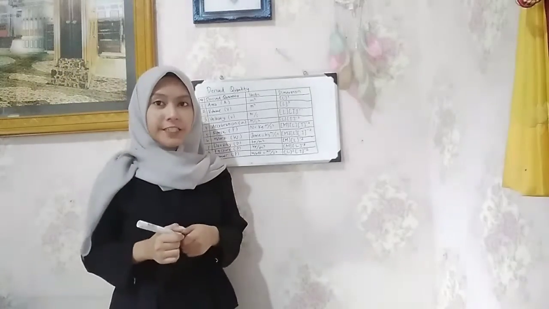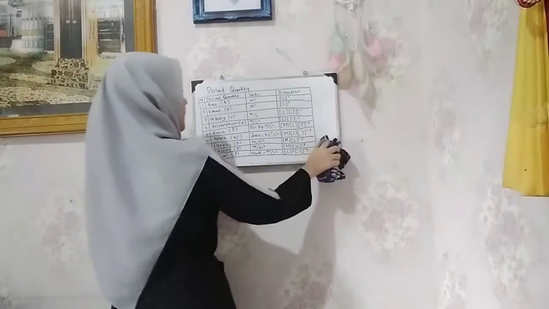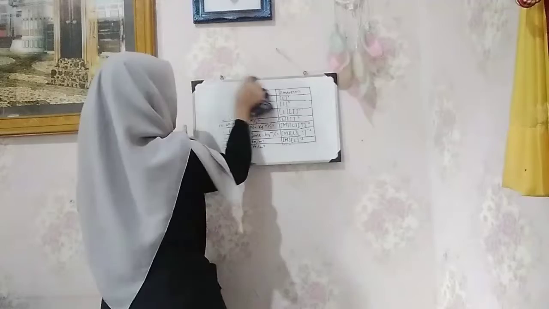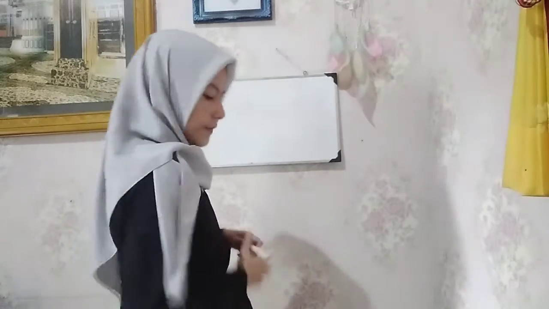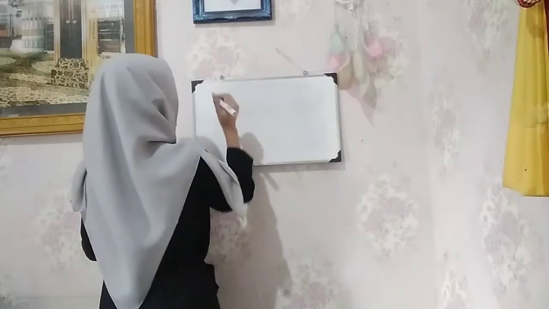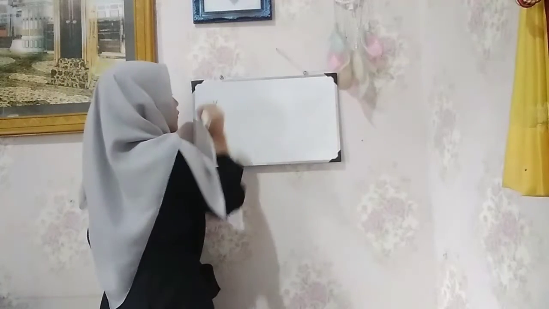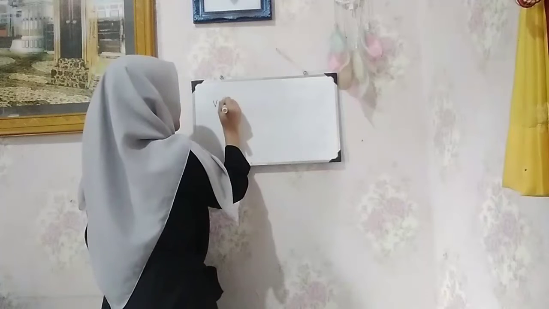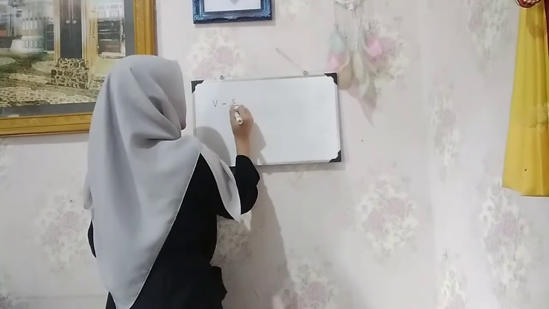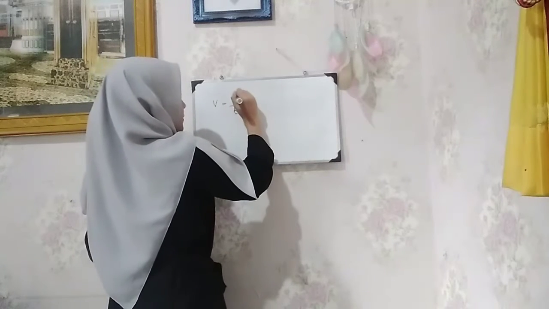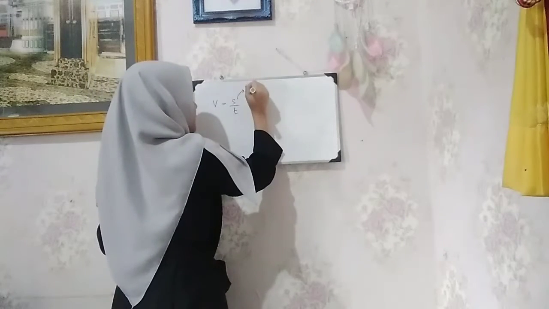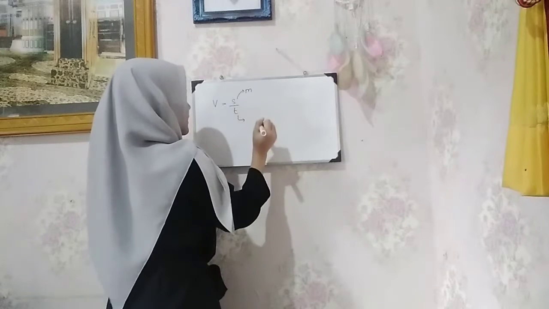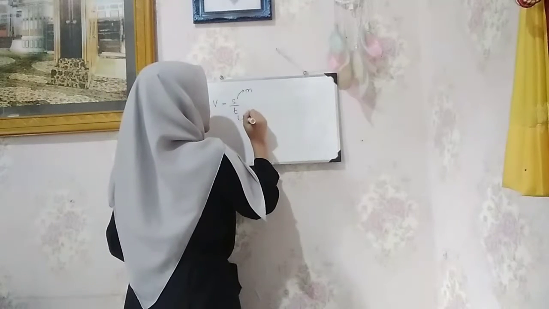How to find dimension? For example, velocity. Velocity formula is space per time. Space, unit of space is meter. Unit of t is second.